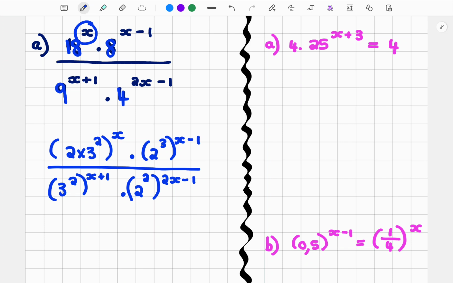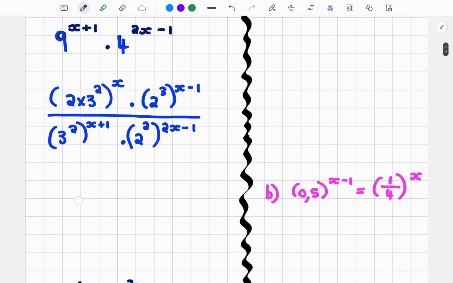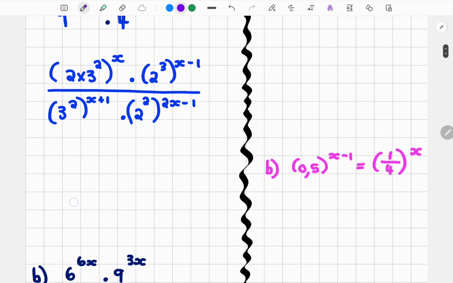So step 1 is I replaced the numbers that weren't prime with what the calculator told me, inside brackets, and the exponent still stays there. Now we can take those exponents away.